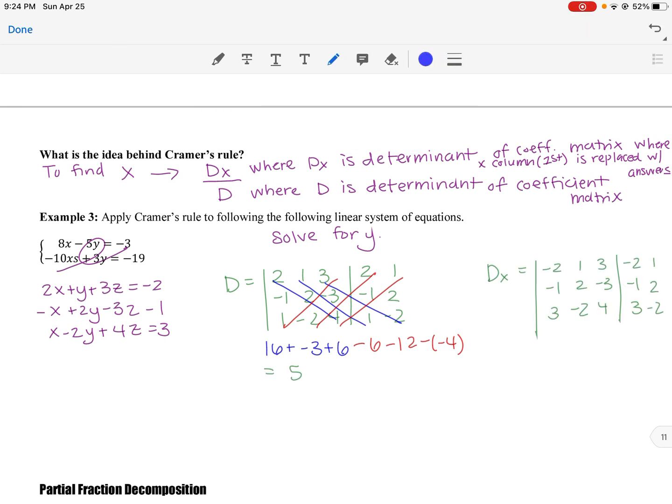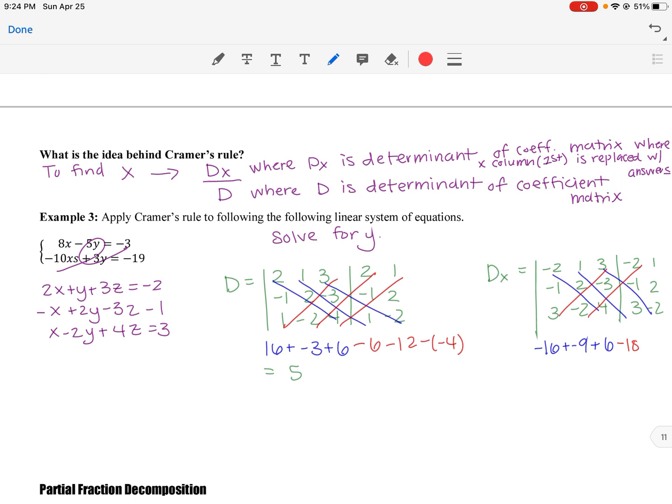Okay, multiply down and add. So we get negative 16 plus a negative 9 plus 6. We're going to subtract the x's. So 3 times 2 is 6 times another one is 18.